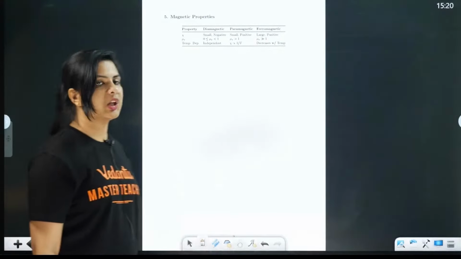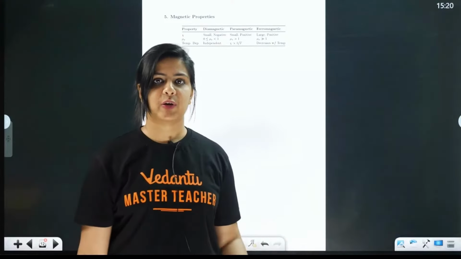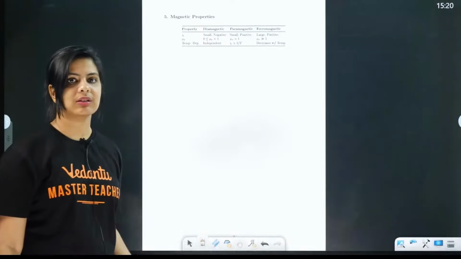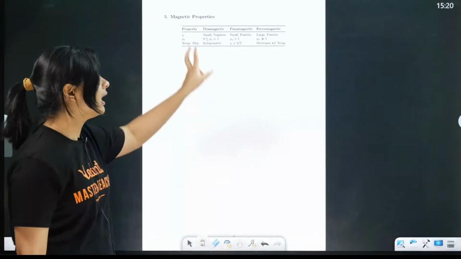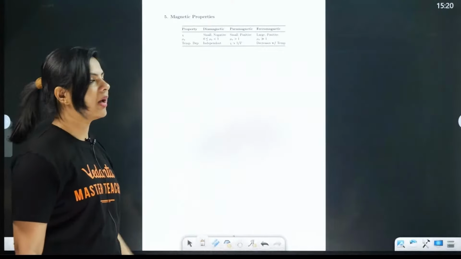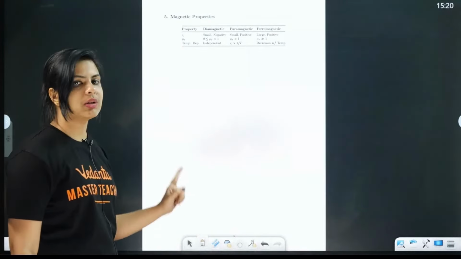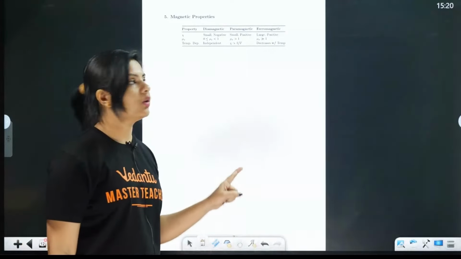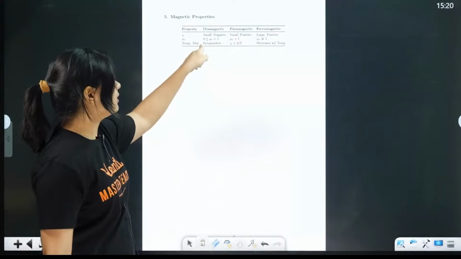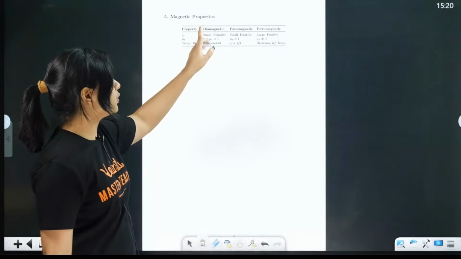So next is magnetic properties. We know there are diamagnetic, paramagnetic and ferromagnetic materials. We know this chi value is small and negative for diamagnetic, small positive for paramagnetic, and large and positive for ferromagnetic. And from the relation between chi and mu r, mu r equals 1 plus chi, so we can say that 0 is less than or equal to mu r less than 1 for diamagnetic.